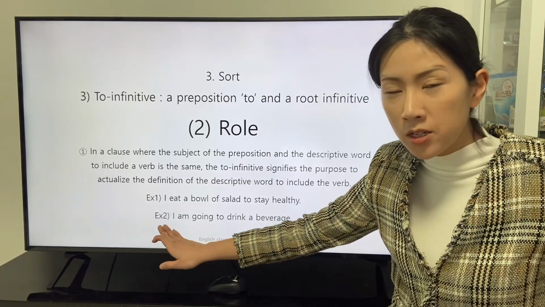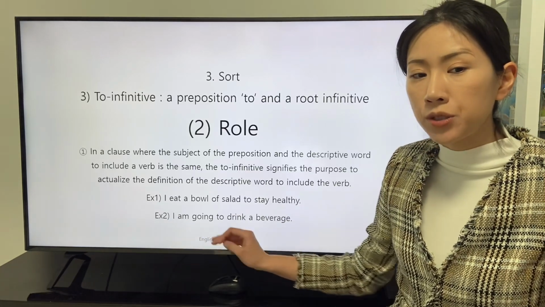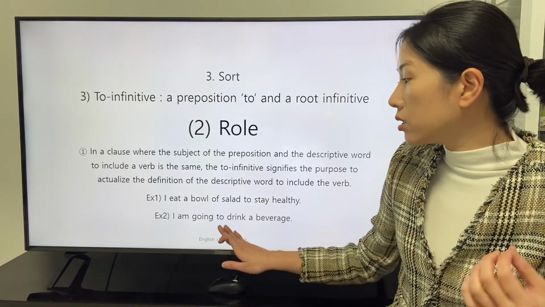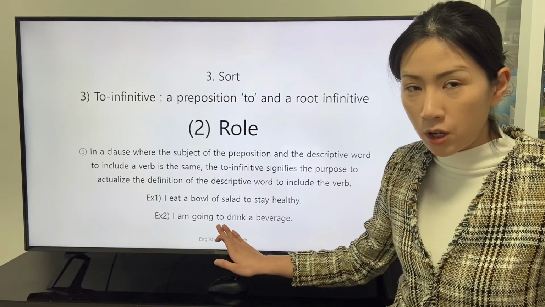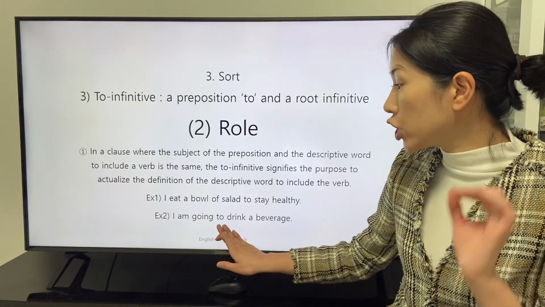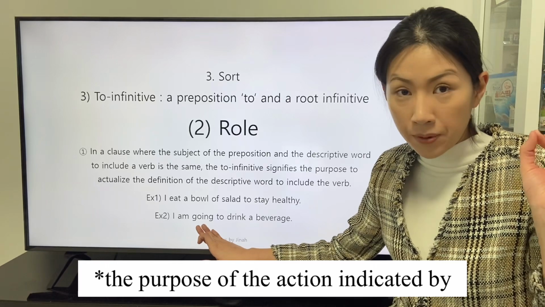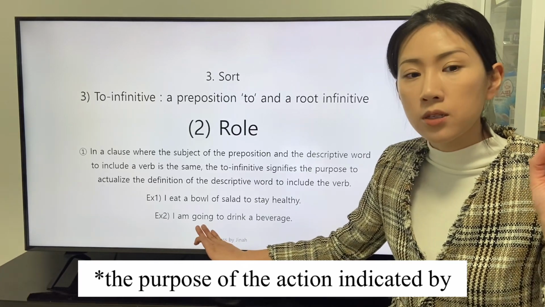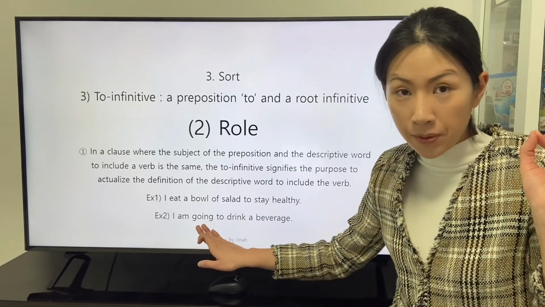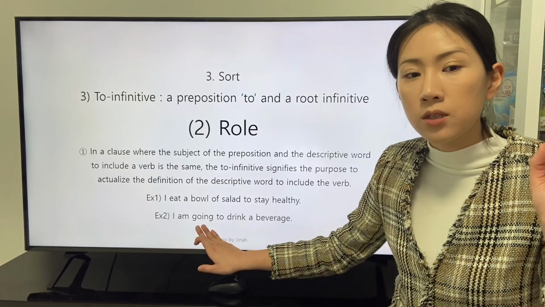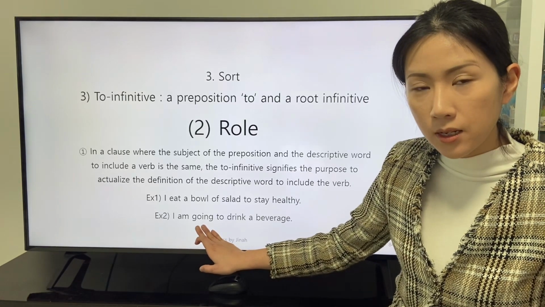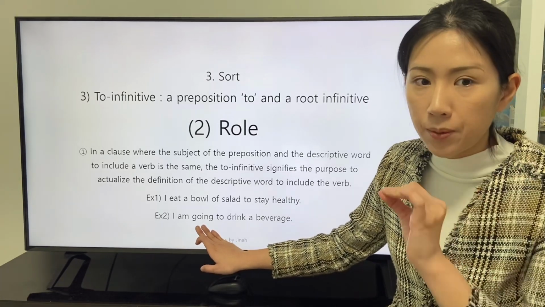The second clause is this: I am going to drink a beverage. The phrase of the to-infinitive to drink a beverage describes the present participle going as the adverb.